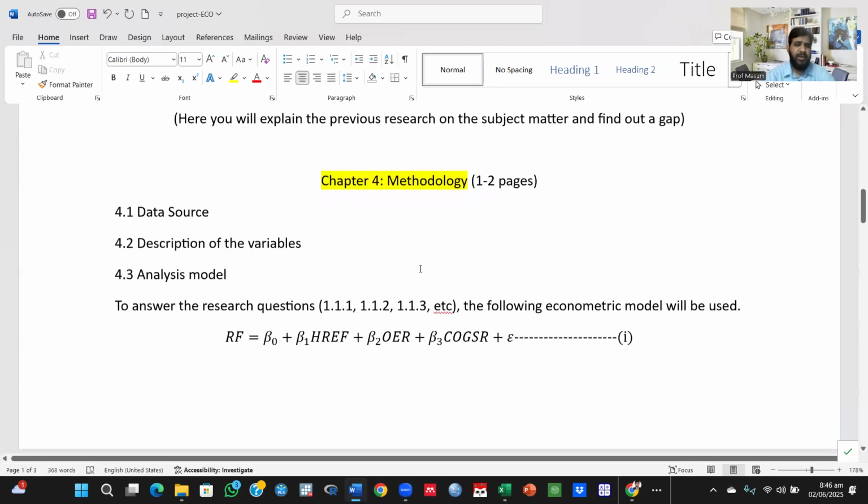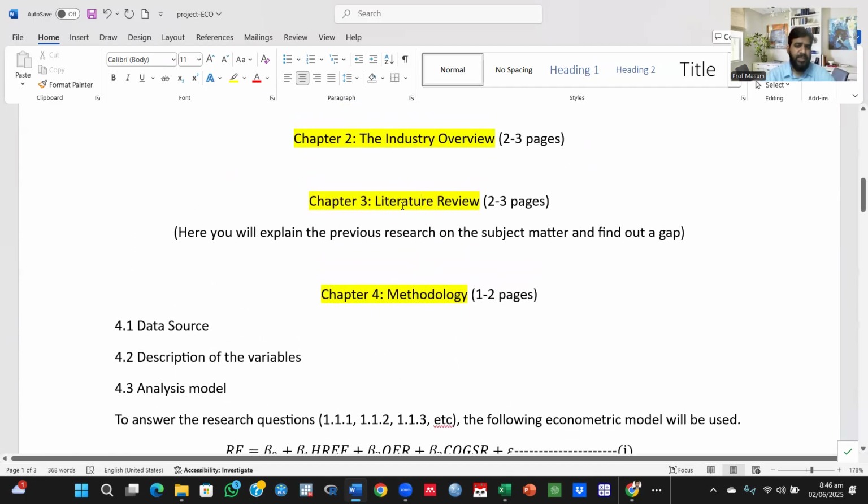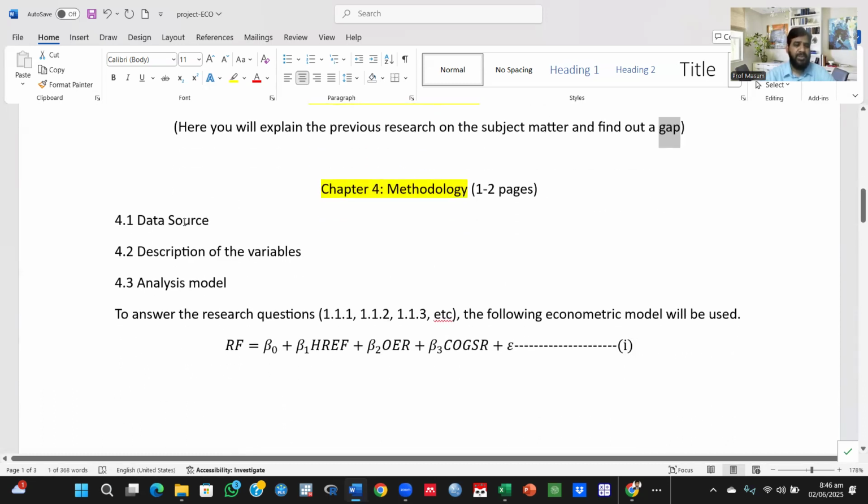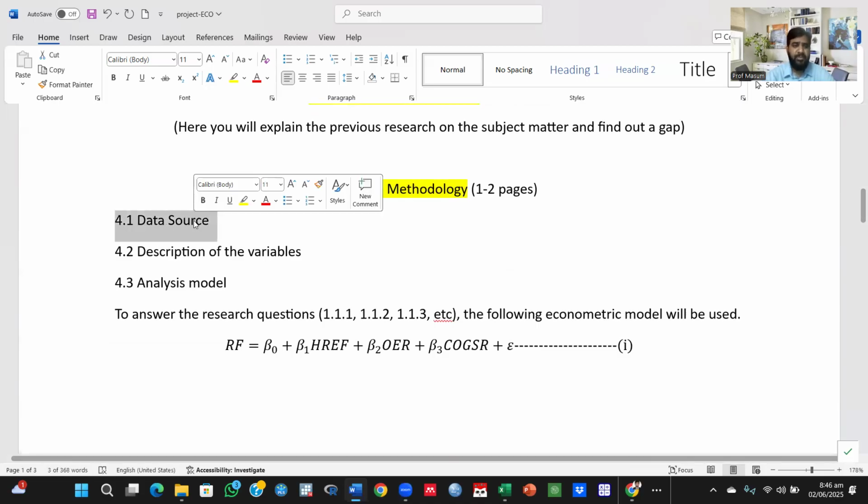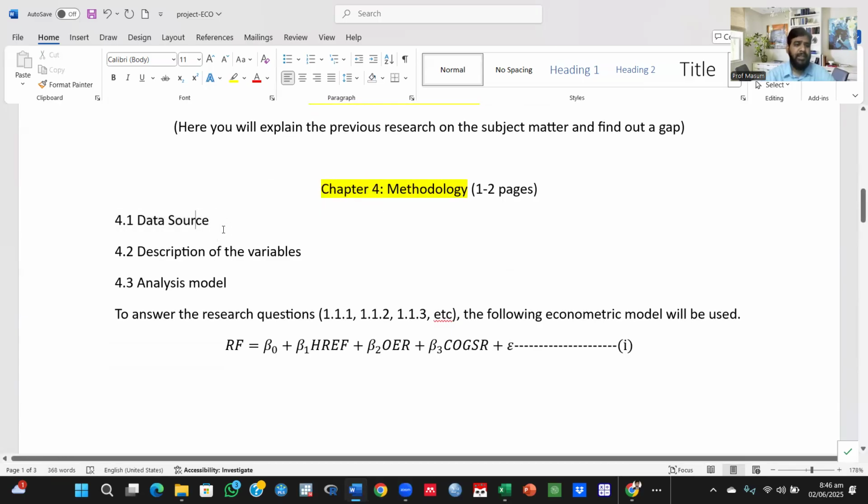You will write more details about HR value chain, and you will try to find out a research gap here. And then you will write about the data source. While you write about the data source, you will write that the data has been collected from the published annual reports of the public limited companies, and description of the variables.